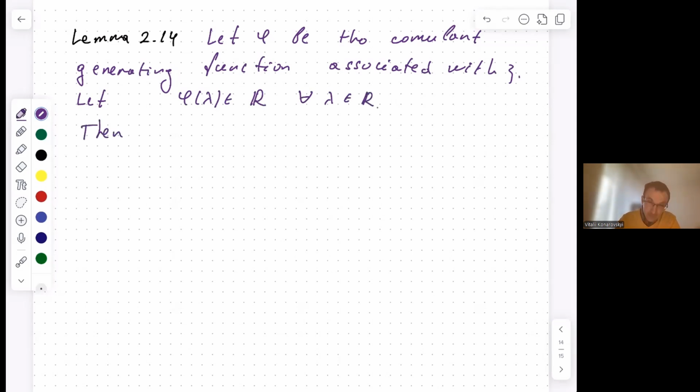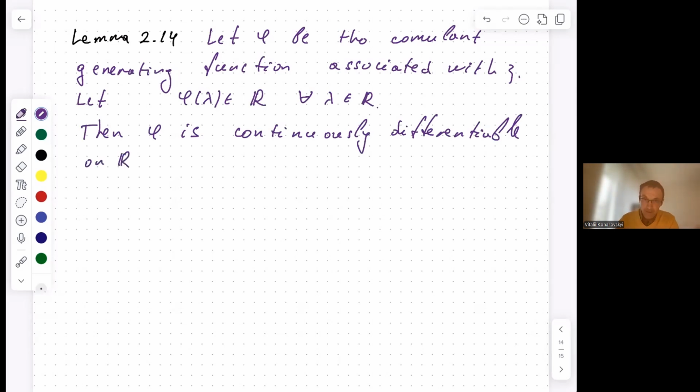phi is continuously differentiable. Here you can also prove that phi is infinitely many times differentiable, but we don't need that.